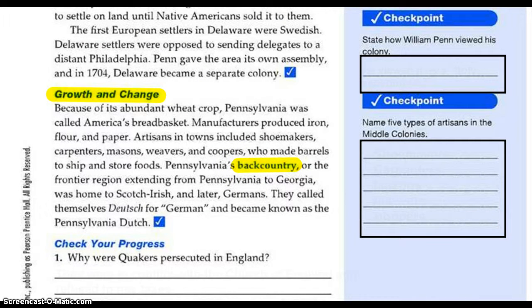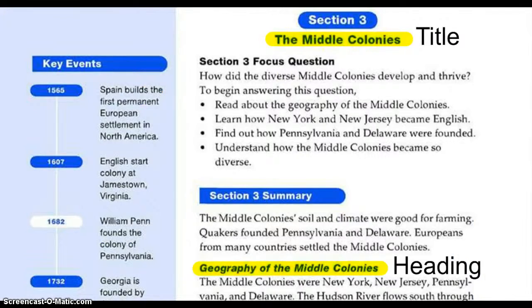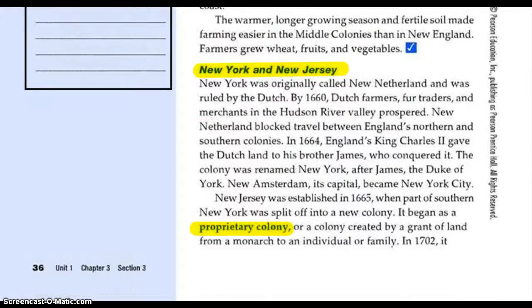After you've highlighted those, go back to the first word you highlighted here, and I just want you to label it with the terms bold words.